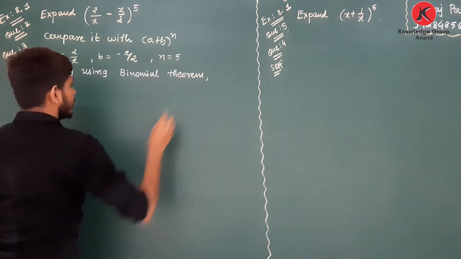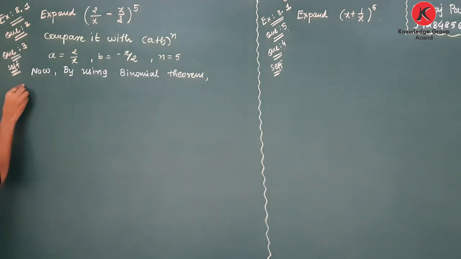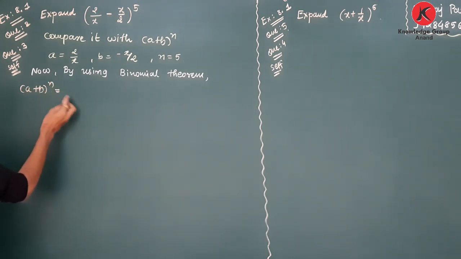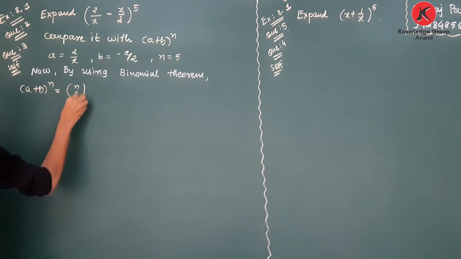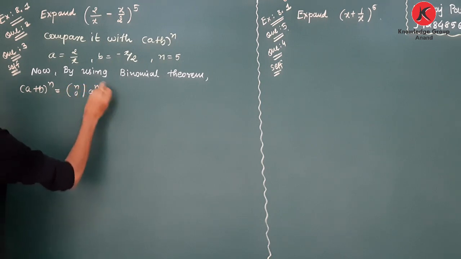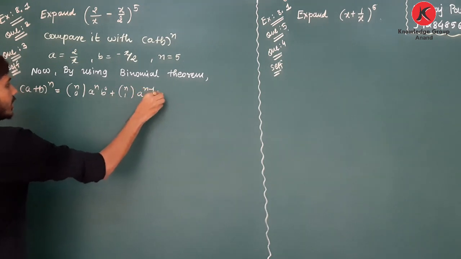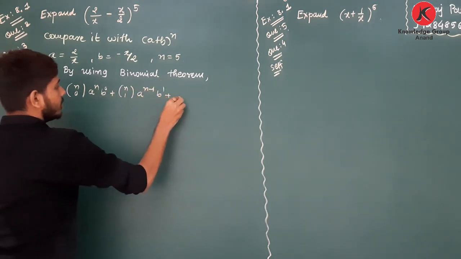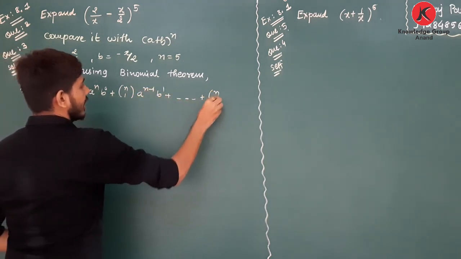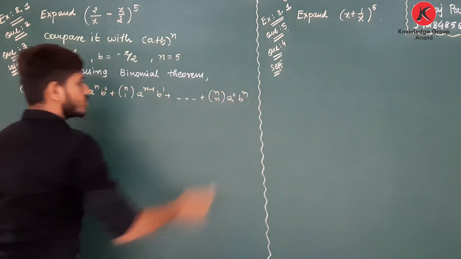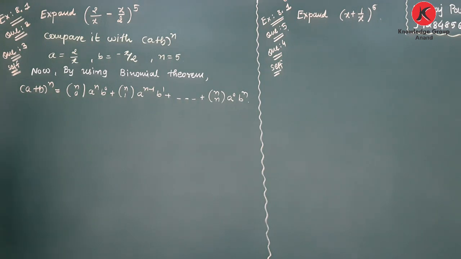What is the binomial theorem? (a + b) whole raised to n will be equal to nC0 a raised to n b raised to 0, plus nC1 a raised to n minus 1 b raised to 1, plus up to the last step, nCn a raised to 0 b raised to n. Okay, we can understand it easily.